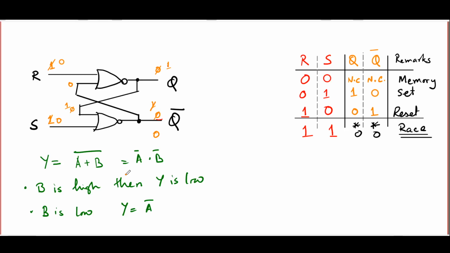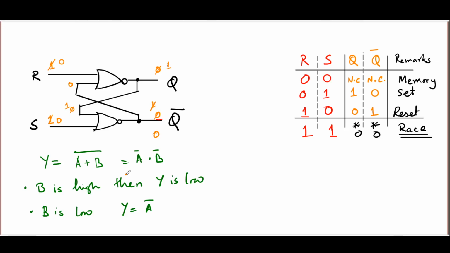Once you set your inputs to 1 and 1, R and S to both 1, the outputs Q and Q bar are well defined. They have to be 0. But the problem occurs when the inputs go back to their natural state of 0. And once that happens, whether you will get Q equal to 1, Q bar equal to 0, or Q equal to 0, Q bar equal to 1, simply depends on which one of the outputs changed first.